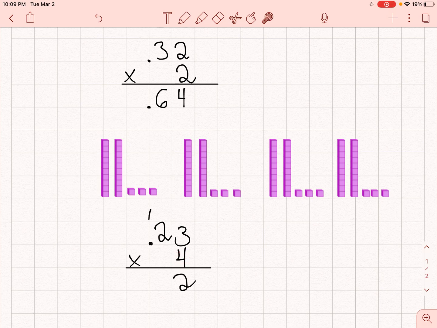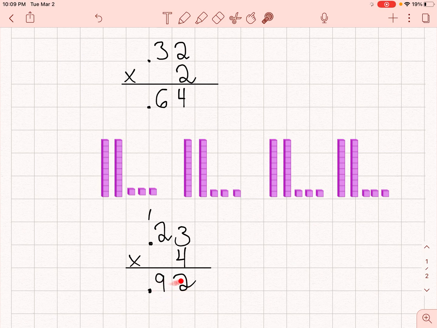Next up, it's 4 times 2. That would be 2, 4, 6, 8, plus 1 more is 9. All right, 92 hundredths. And you notice that we have 2 numbers after the decimal up here. We're going to have 2 numbers after the decimal down here as well. So the answer here is 92 hundredths.